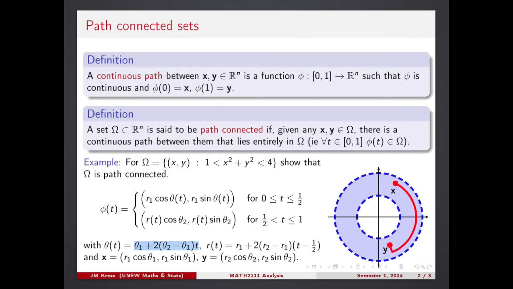For the second half of the parameter t, from 1/2 to 1, you alter the radius and you keep the theta 2 angle fixed. And the radius is also altered linearly. Here it is, linear alteration. And that will be this little radial piece of the path. It is a continuous path because it is continuous on the first half.